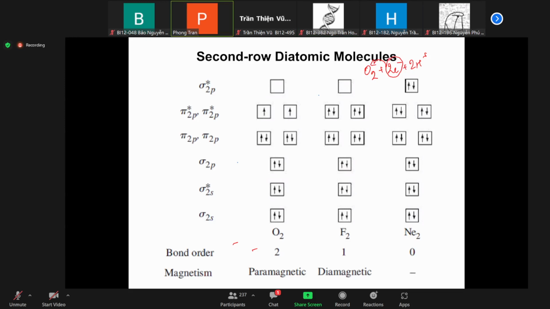So I put 1 electron here and 1 electron here.